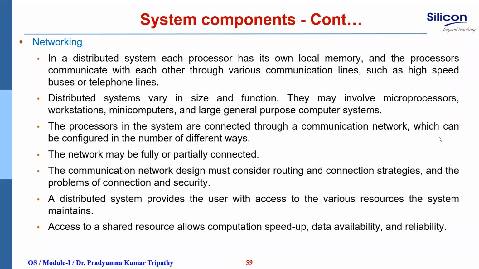An example is your ATM network. You go to an ATM machine, wherever your account may be, and you can have access to it at that ATM. So availability increases, reliability increases, and the computational speed also increases because of the network management of the operating system.